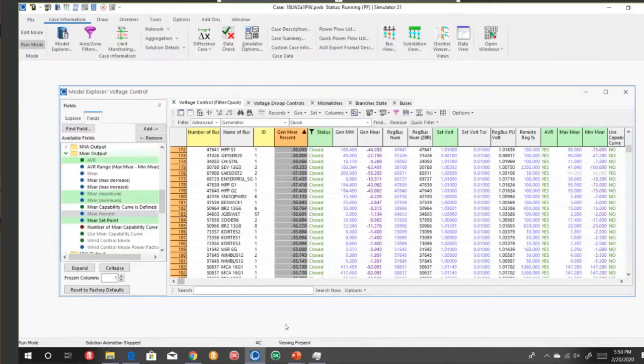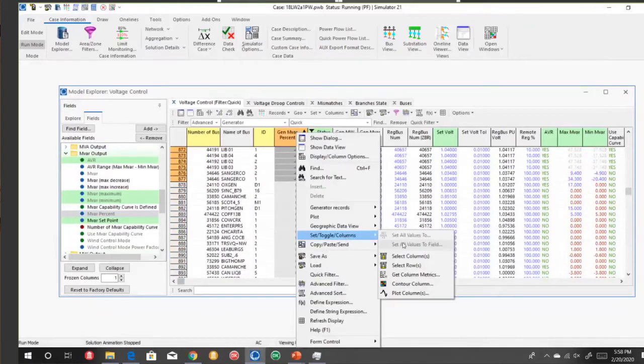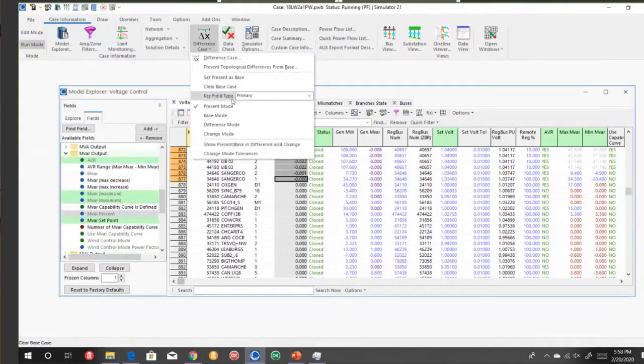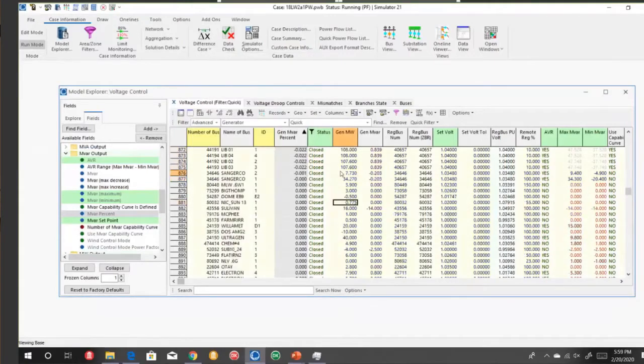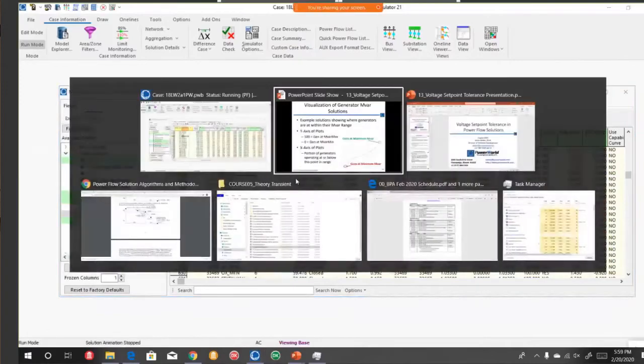Let me filter by only generators that are closed. This is telling me where I am within the plus 100 to minus 100. This is kind of hard to do actually. What I want to look at is compare the average of the negative values. So the average negative value is minus 36% now. Let me compare that to base case.